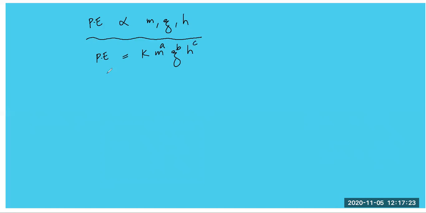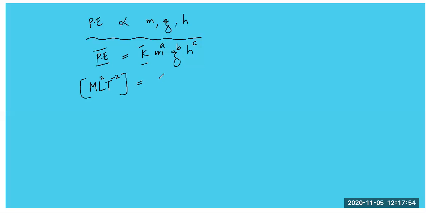So potential energy, write down the units of potential energy. It's work done. Work done is force into distance. So what will be the MLT of it? ML^2 T^-2. Good? So this will be left hand side. On the right hand side, forget about K. I think this is dimensionless constant, so it will not have any unit.